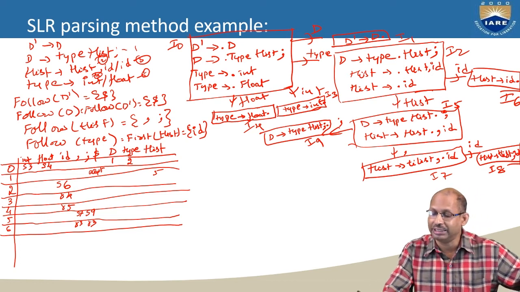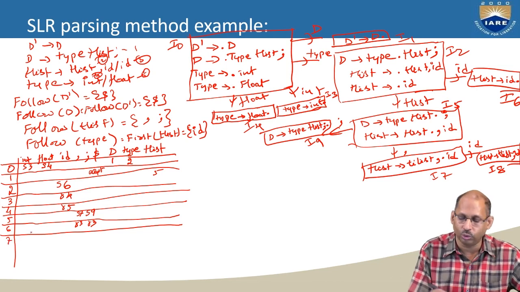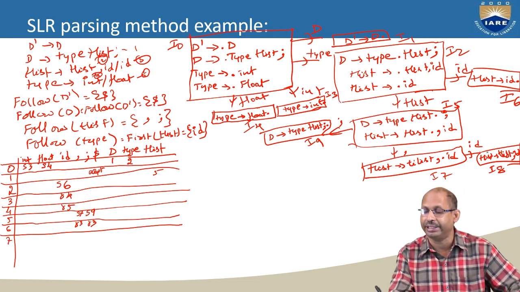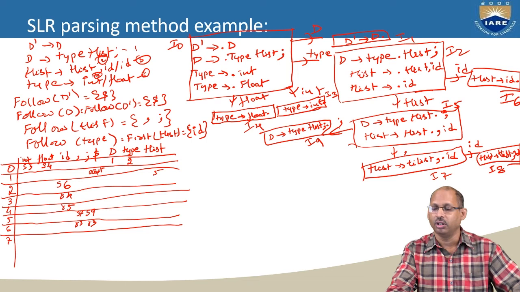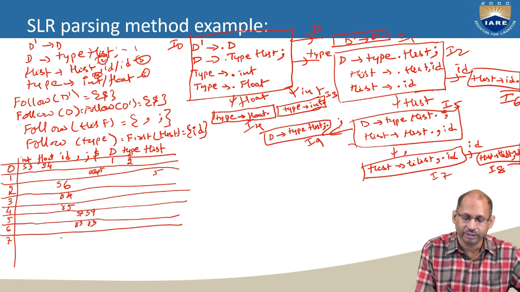Then what is I7? State 7 has only one go-to operation, on ID to I8. On ID it is S8.